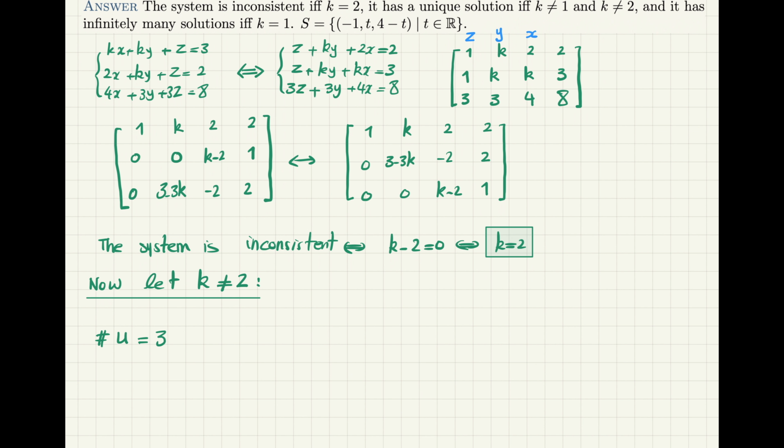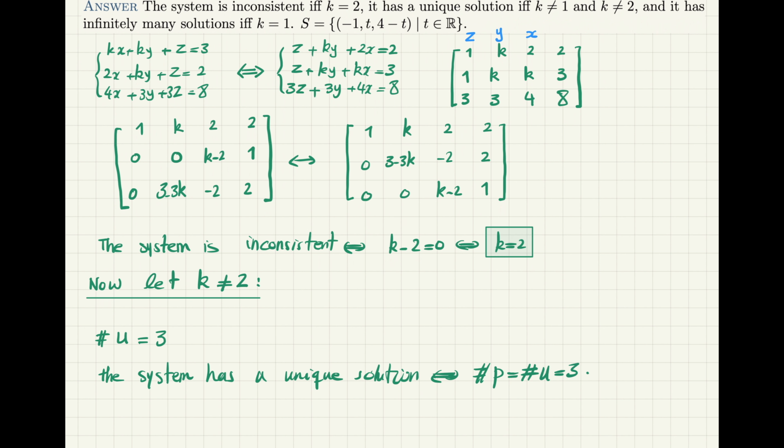The system has a unique solution if and only if the number of pivots is equal to the number of variables or the unknowns, and that is equal to 3.